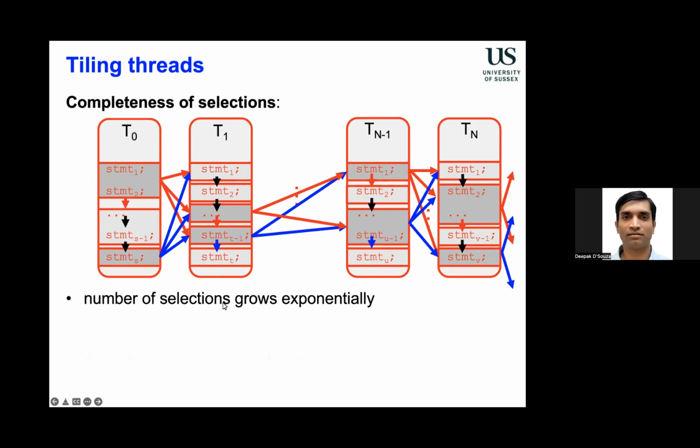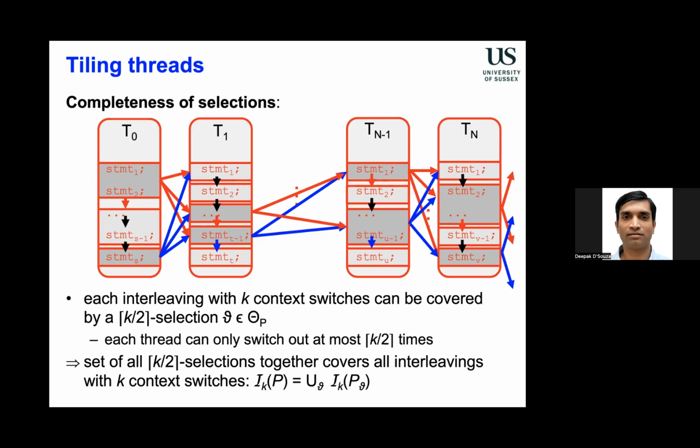Can I ask a question? Yes. So the ordering is still maintained, is it? I mean, you can only switch from T0 to T1, T1 to T2, and so on. Yes, the ordering is maintained. But then how do you take care of something where you switch from T0 to Tn and then back to T1?